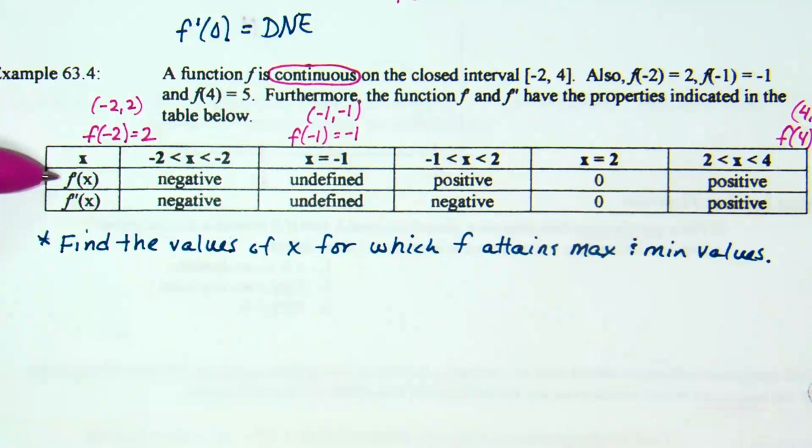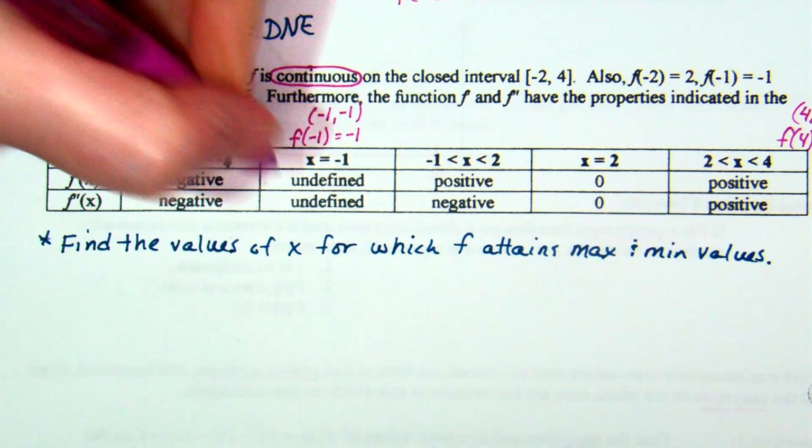Okay, it's going down, it is decreasing. So from negative 2 to negative 1. I just had to get to the point where I was actually reading it and not just going off of what I remember about this problem. Okay, so a negative first derivative means the graph will be decreasing.